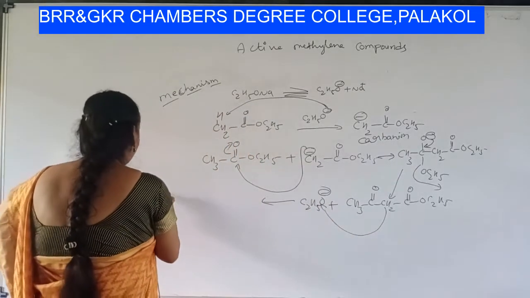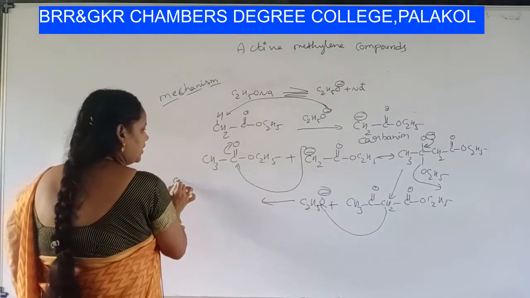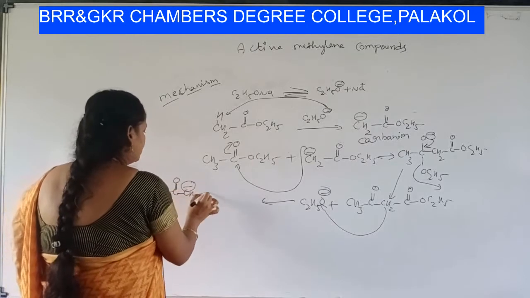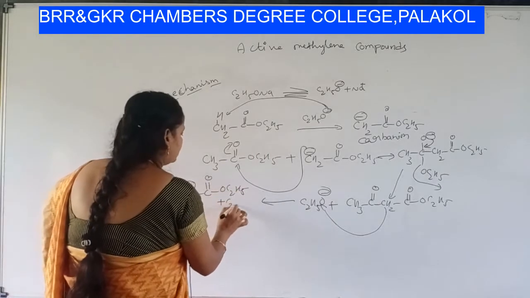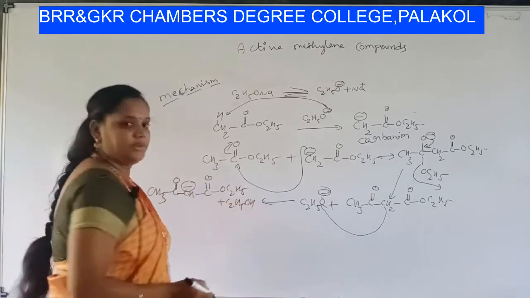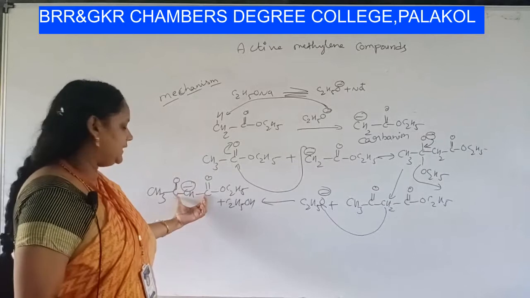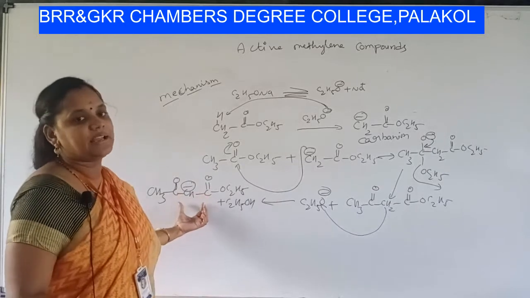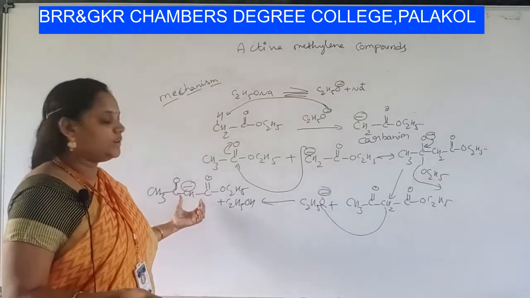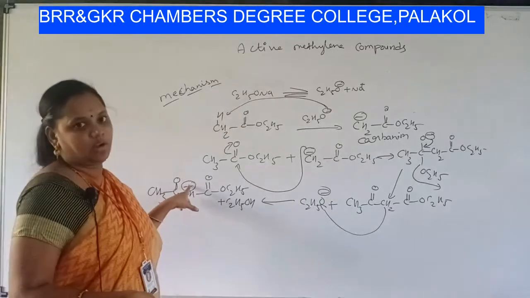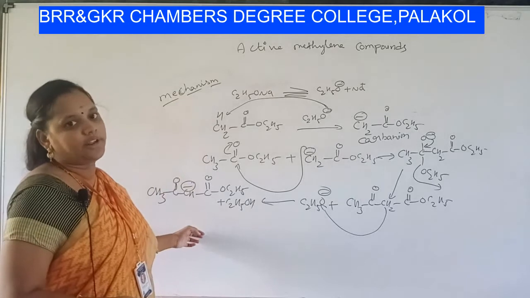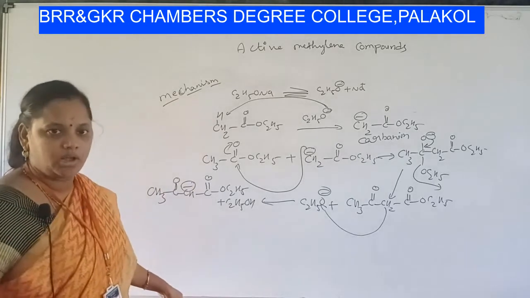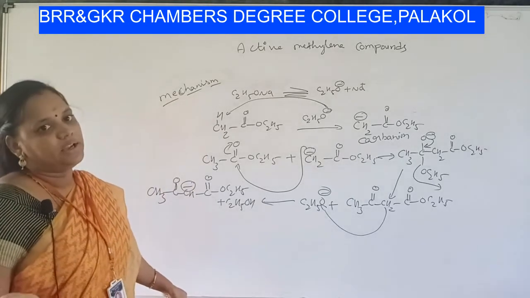So we will be left with CH3 C double bond O, CH minus C double bond O, OC2H5 plus C2H5OH. To complete the mechanism, we need a proton so that we can add it to this carbanion to get the final product. What is that product? Ethyl acetoacetate or acetoacetic ester.